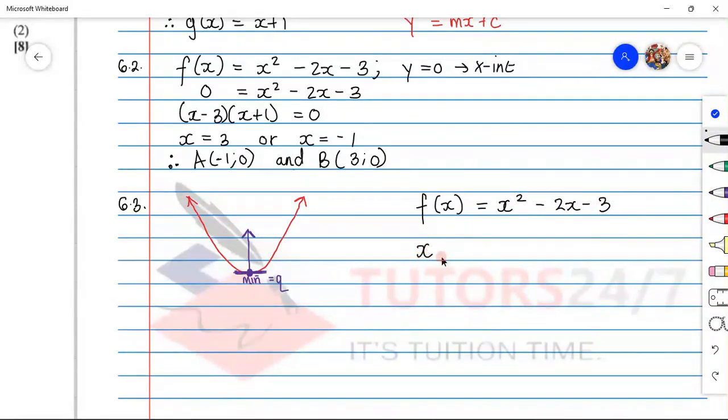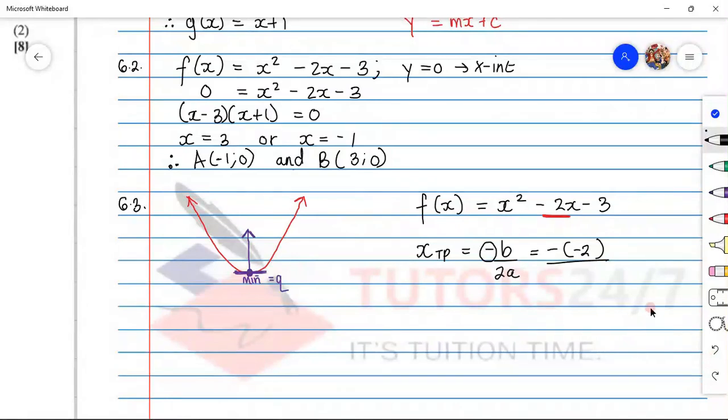Now my formula for the x value of my turning point is x_tp equals negative b all over 2a. So I'm going to carry over the negative. Then I need to substitute my value of b. Now I know my value of b is the coefficient of x, which is -2. Now be very careful, don't just bring down -2, because you see that there's a negative in front of this formula.